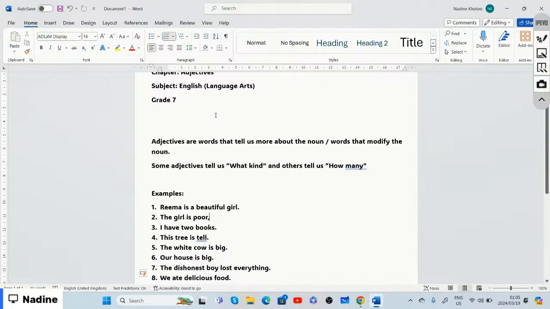Okay, so adjectives are words that tell us more about the noun. We can also say that adjectives modify the noun, or that they describe the noun.